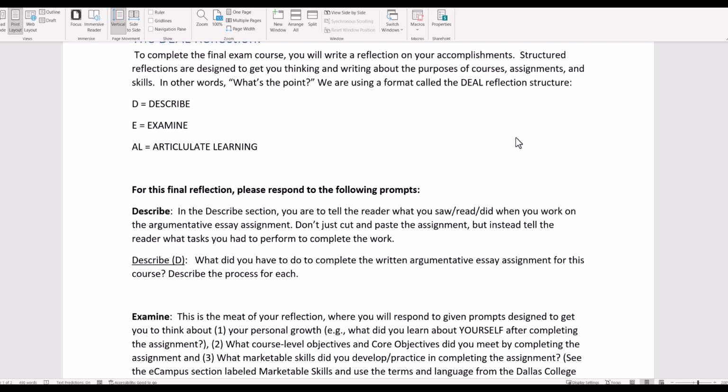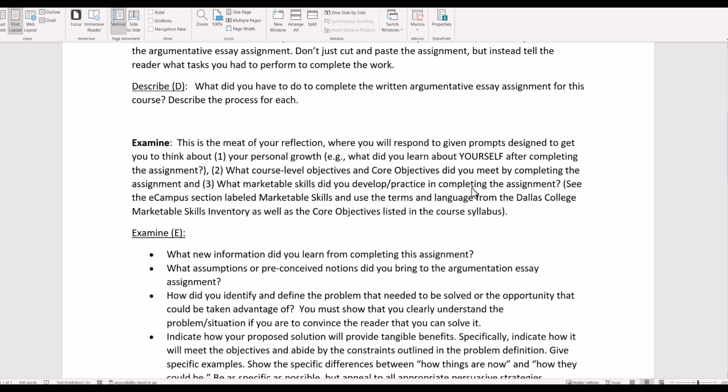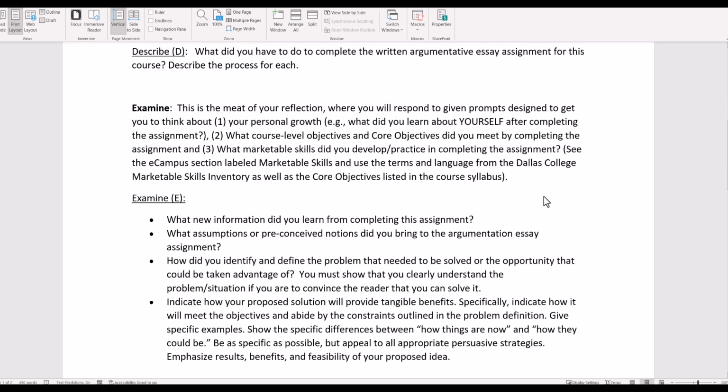What did you have to do to complete the written argumentative essay assignment for this course? Describe the process for each. Examine. This is the meat of your reflection, where you will respond to given prompts designed to get you to think about, first, your personal growth, such as what did you learn about yourself after completing the assignment?